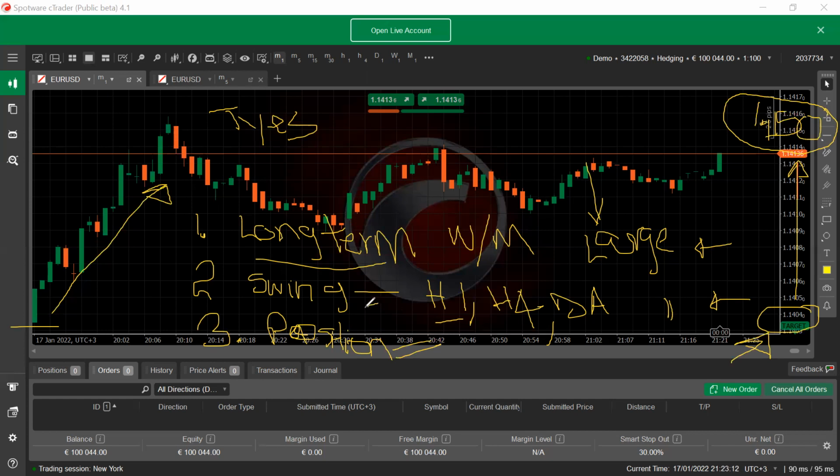Now the last one, or probably the one that most people fear, is scalping. Scalpers are those people who enter in and out of the market very, very quickly.